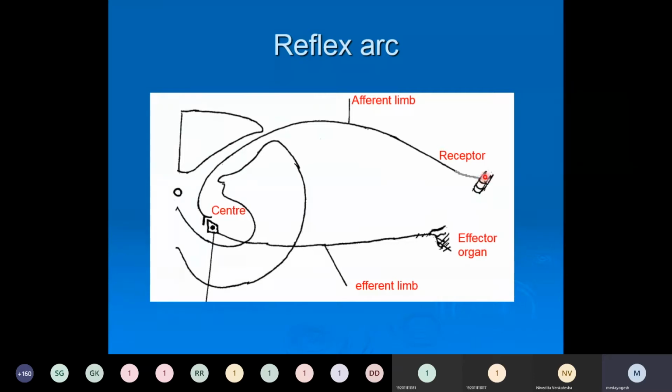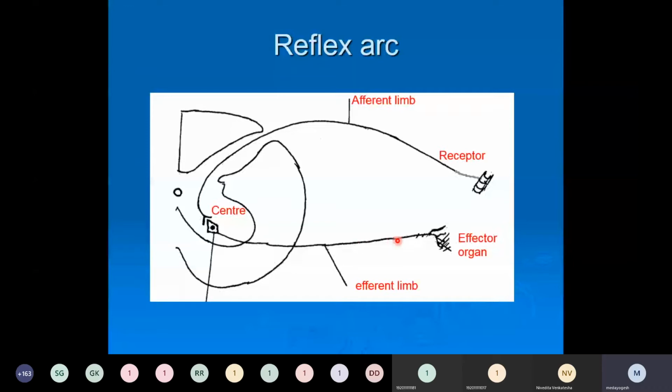So it has 5 components, starting with the first one, that is the receptor. Next you have a nerve which is carrying this information from the receptor to the center. So that is going to be called the afferent limb. Once this information reaches the center, the center constitutes the next component, and here we get a response through another limb that is called the efferent limb.